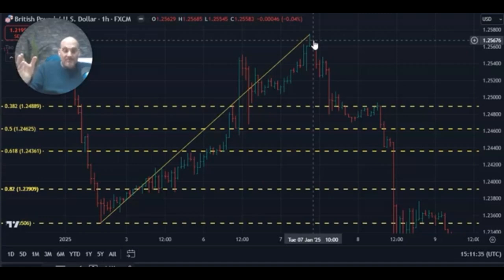When these marketplaces break these lows, they're basically saying, man, there's a lot of people that want to sell this market. Now a lot of people bottom hunt, and I'm guilty of it myself, because I have my trend degrees and I like to play around with them, and I look for a trend degree low, and I look for another low, and I say, well, it's a low risk trade, it's only going to cost me 15, 20 pips.